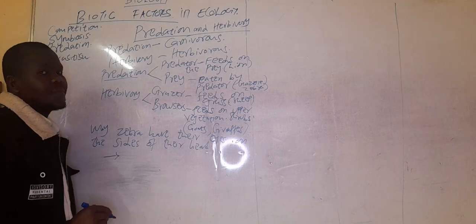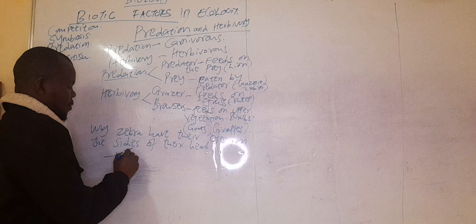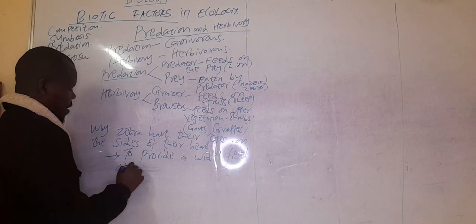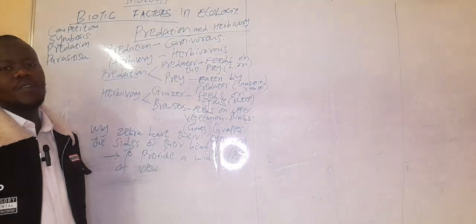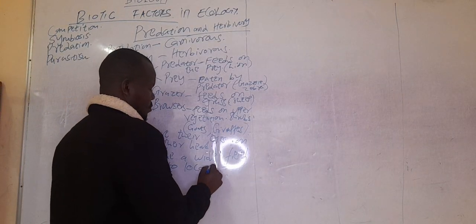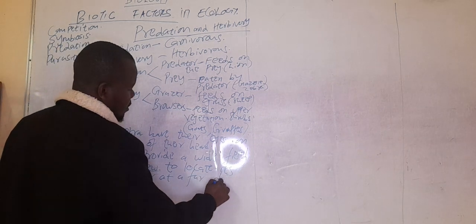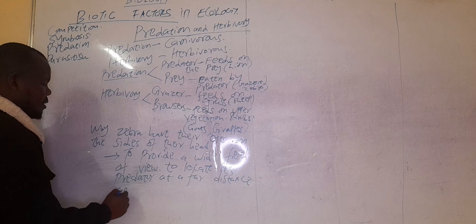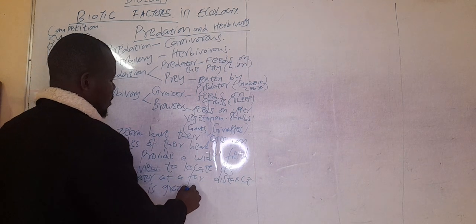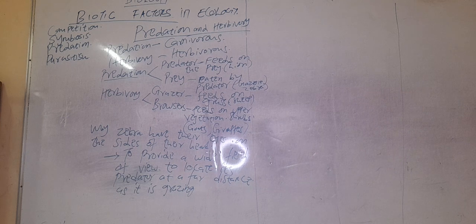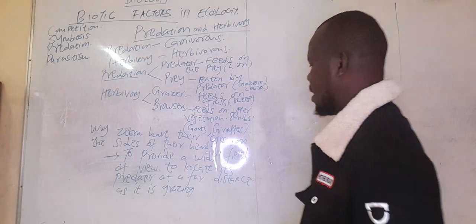The main reason is to provide a wide field of view, to locate its predator at a far distance as it is grazing.